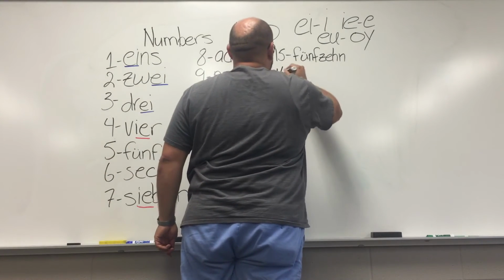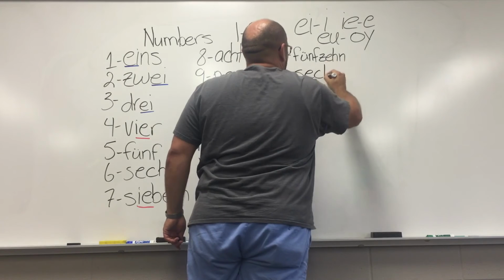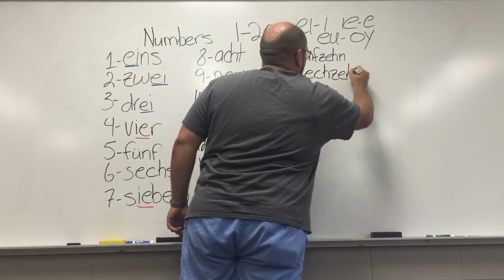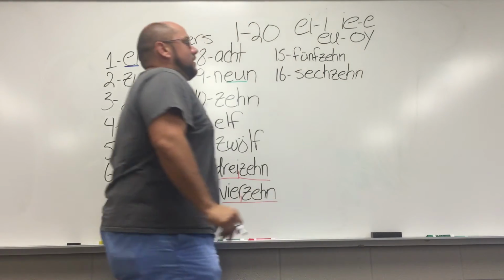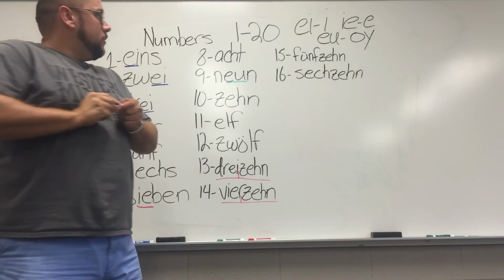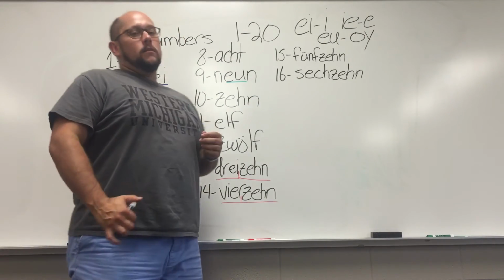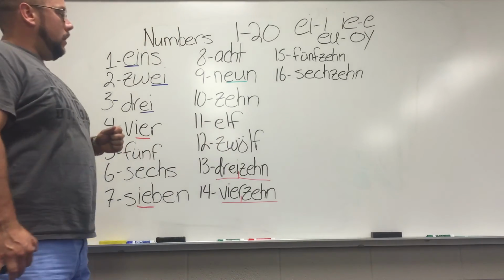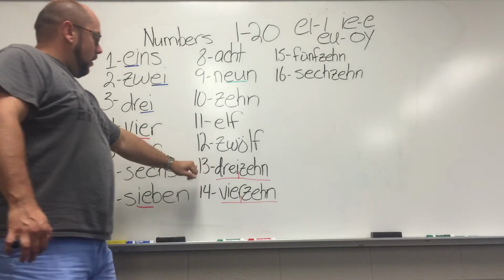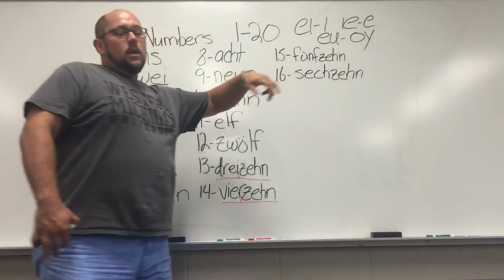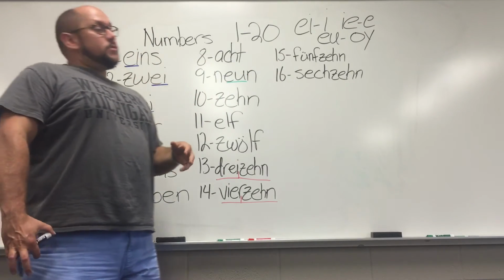16. 17. So some of you right now are probably thinking, wait a second, Mr. Meyer, you forgot a letter. Based on the other ones that we've done, 13, 14, and 15, that's a correct assumption to make.